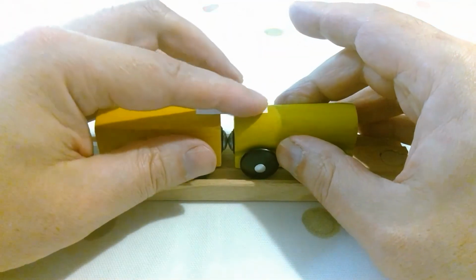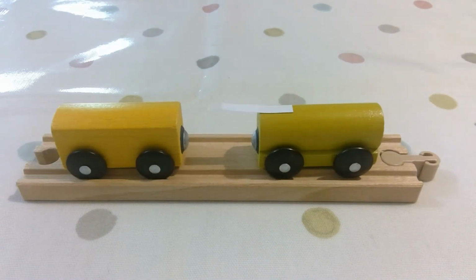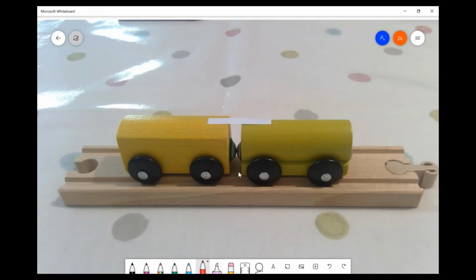I'm sticking these two toy train carriages together with a bit of sticky label, but it's not that sticky, as you can see. Let's analyse this situation in terms of Newton's third law. So here the magnets, which you can see in the middle, are repelling each other. The left-hand carriage, the yellow carriage, exerts a force to the right on the green carriage. It's a magnetic force.